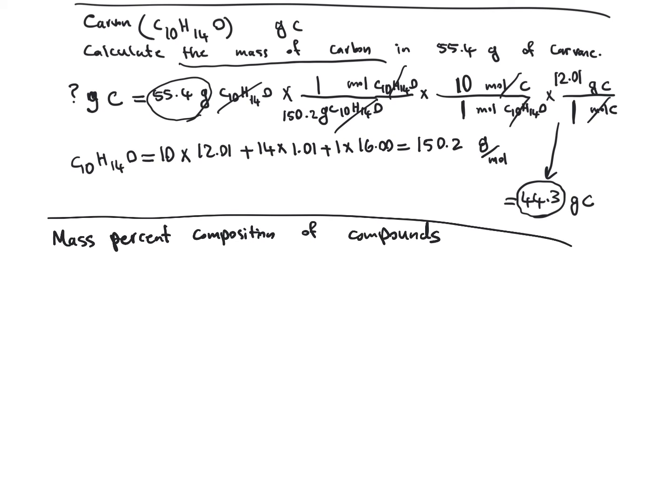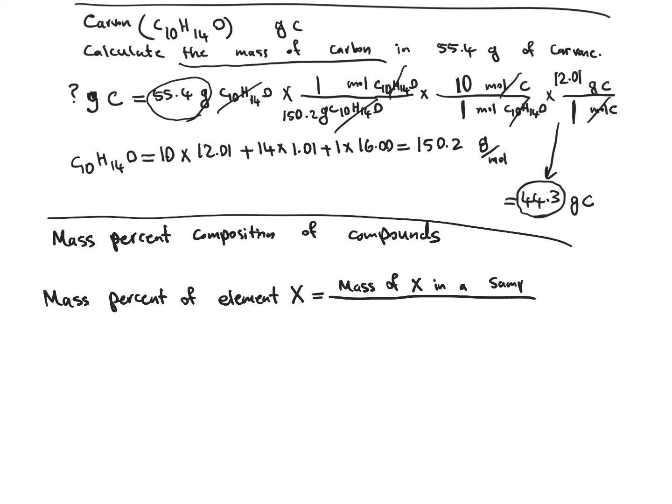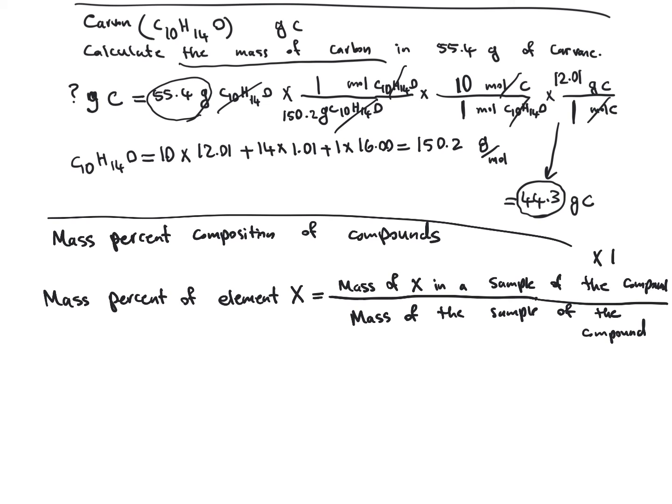In other words, you can write mass percent of element X equals mass of X in a sample of the compound, I'm not doing a good job distributing, divided by mass of the sample of the compound, multiplied by 100%.